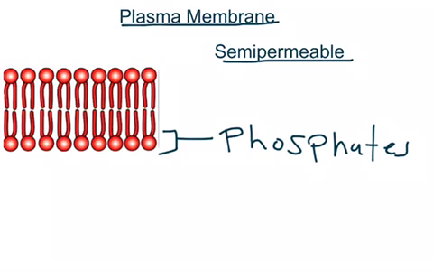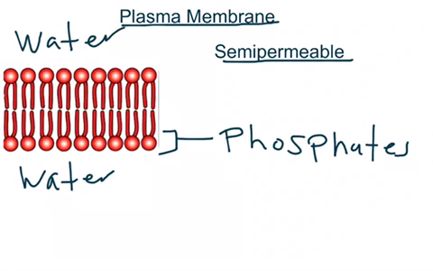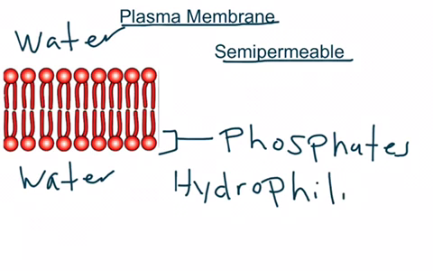So in the cell, there's water here, and there's water here. Since these phosphates like water, they are called hydrophilic, or water-loving, okay?